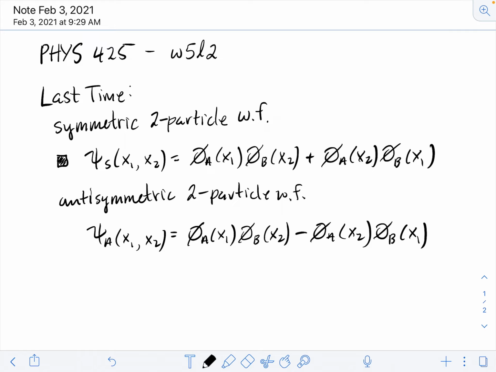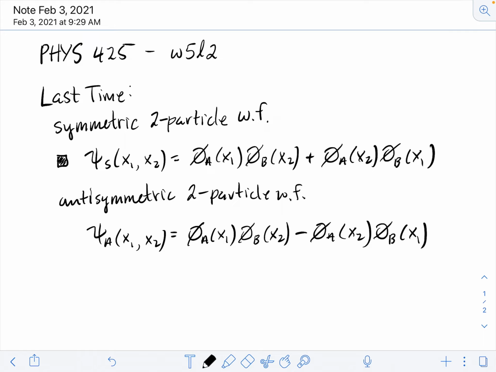So phi a x1 represents particle 1 in quantum state A, phi b x2 represents particle 2 in quantum state B, and then we add the same wave functions with the particles swapped, so now particle 2 is in state A and particle 1 is in state B.